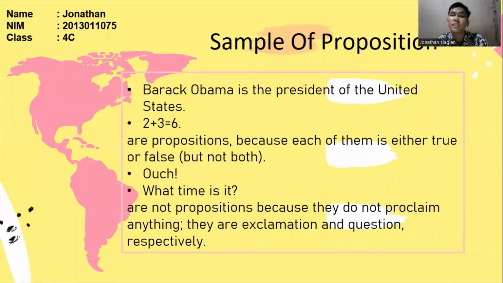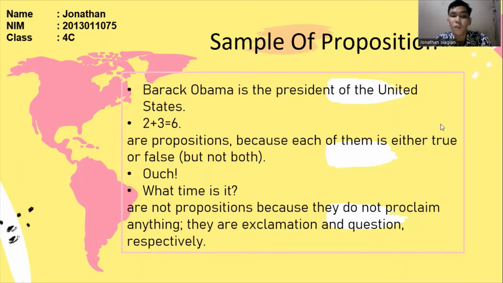Example of proposition. The first statement: Barack Obama is the president of the United States. And the second statement is 2 plus 3 equals 6. The two statements are propositions because each of them is either true or false, but not both.